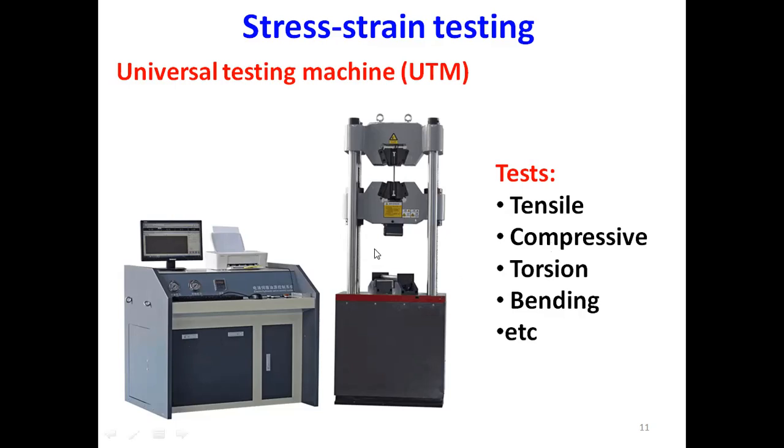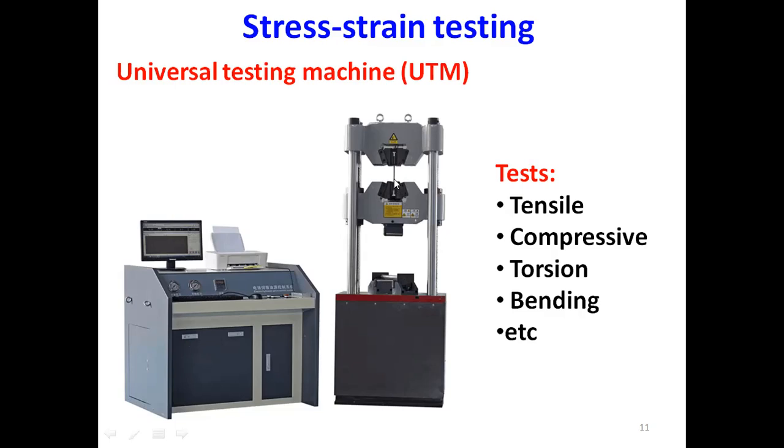For compression testing, we put the specimen here, and we move this portion in the downward direction in order to compress the test specimen, and take the reading. Similarly, the bending experiment is also done here.